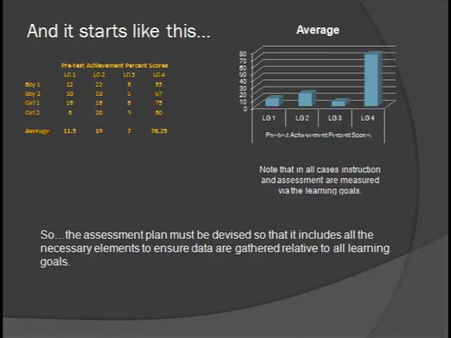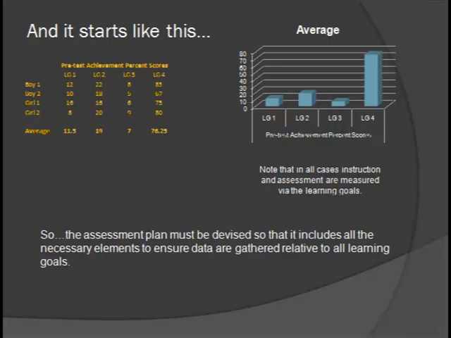Now, as we turn to the teacher work sample, the first thing we're going to think about is the pretest. Remember that, and you can see this in both the graph on the right and the tabular information on the left, which is a microcosmic look at a grade book. There are 4 students there, 2 boys and 2 girls, and what we've done is administered this pretest, including all 4 learning goals.